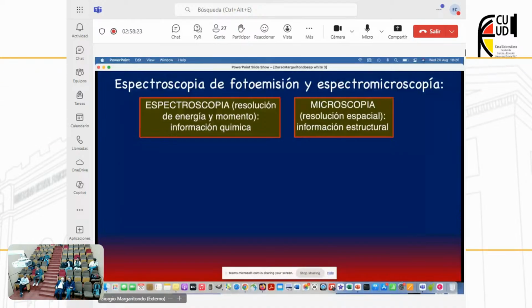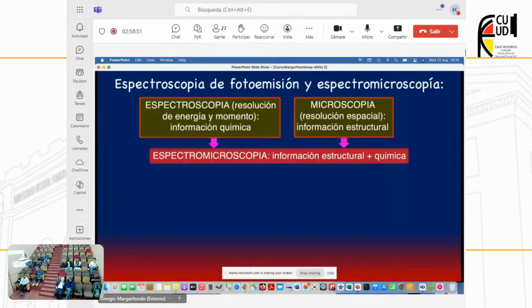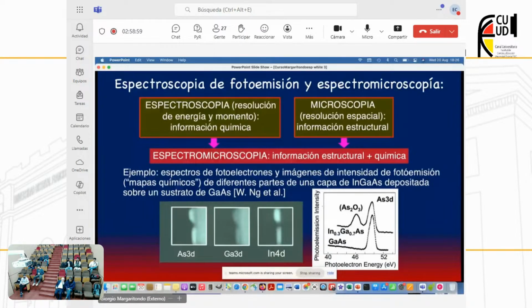And in both cases, what you're getting is no longer a spectroscopy. A spectroscopy is a technique that gives you information about energy and momentum, and therefore gives you information about the chemistry. But you can also implement that in a spatially resolved way and look at a microscopy. And if you put things together, you get what is called a spectromicroscopy. This is one example in which photon emission spectra were taken in different places in a sample in a microscopic way.